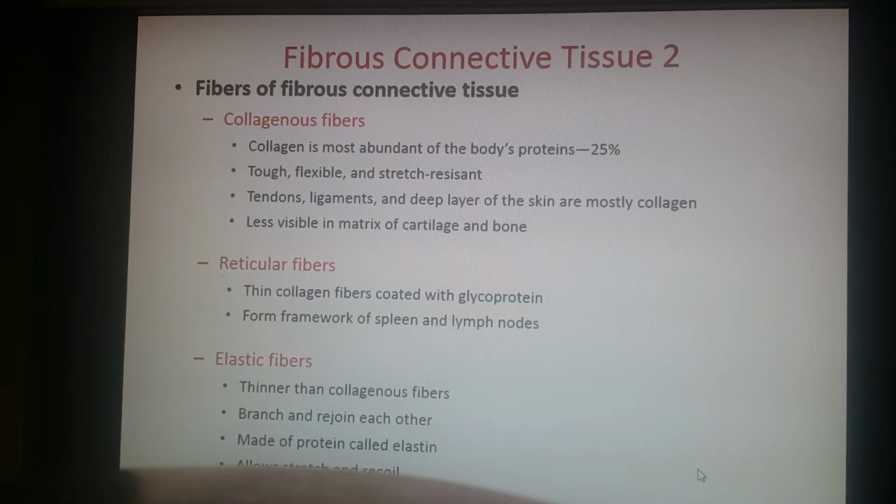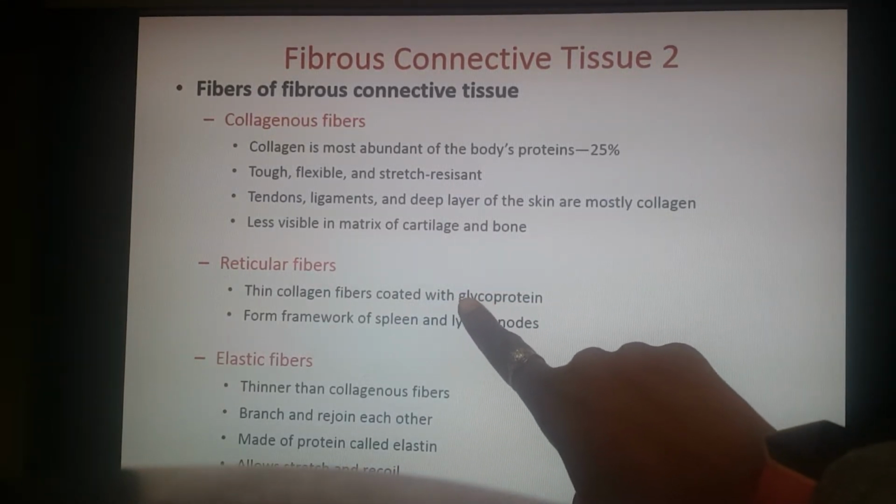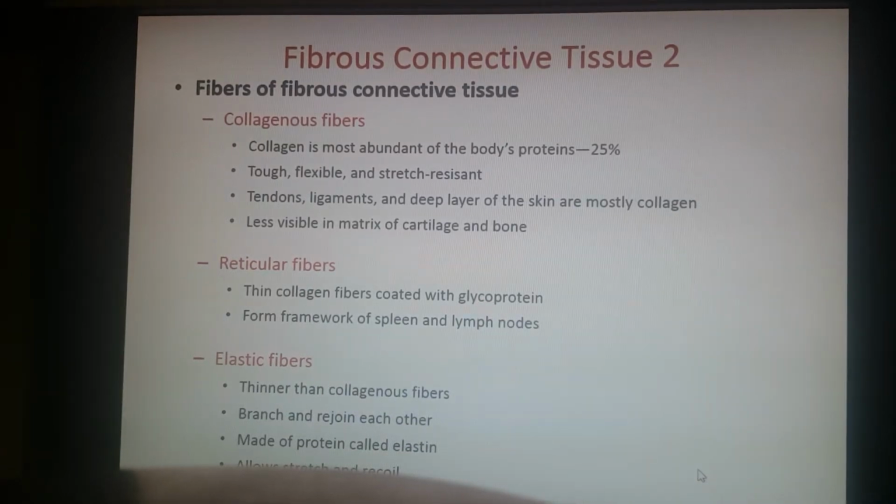The next type of fiber is your reticular fibers. They're a thin type of collagen fiber. You have your collagen fibers, and then they're coated with what's called glycoprotein. This is a conjugated molecule, part protein and part carbohydrate chain. They help with structure, forming the spleen and lymph nodes, giving those two structures their shape.